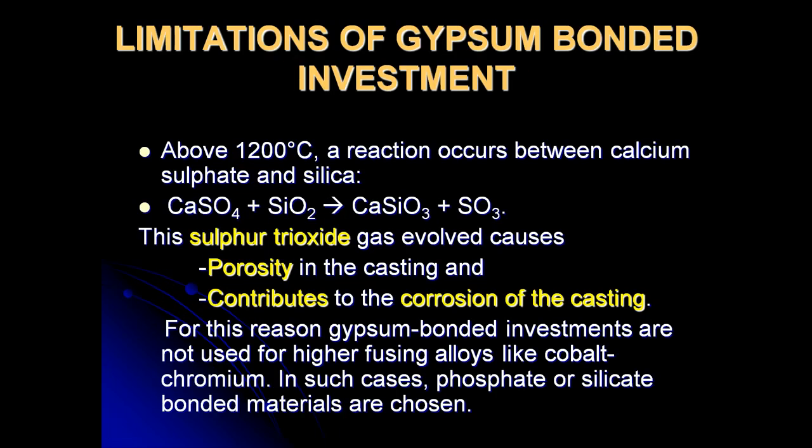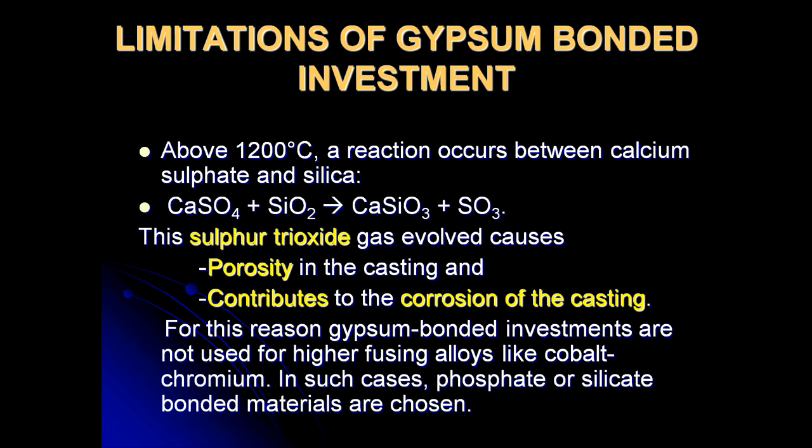So before coming on to the phosphate bonded material, I have some important MCQs regarding the gypsum bonded investment material. Number 1 MCQ: carbon is added to investment powder to facilitate, the answer is divesting.